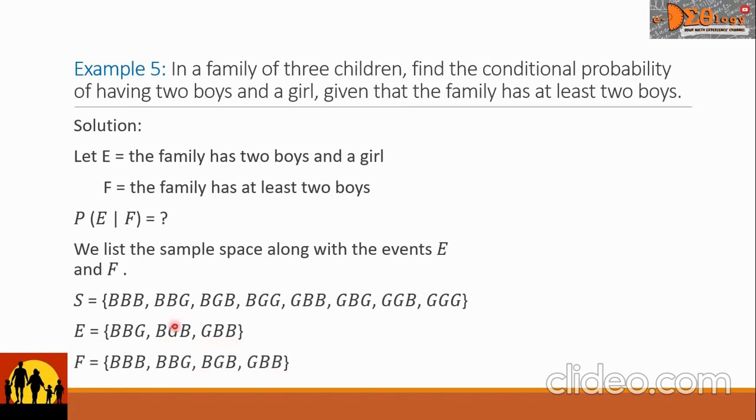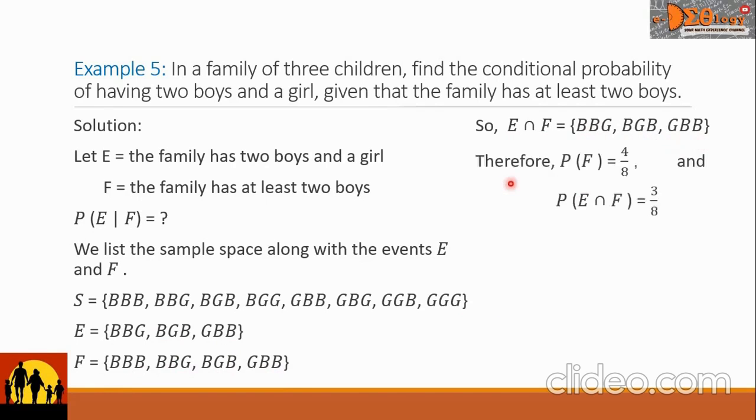For event F, we have 4 sample points, and these are BBB, BBG, BGB, and GBB. We can see that the E intersect F has 3 elements, and these are BBG, BGB, and GBB.